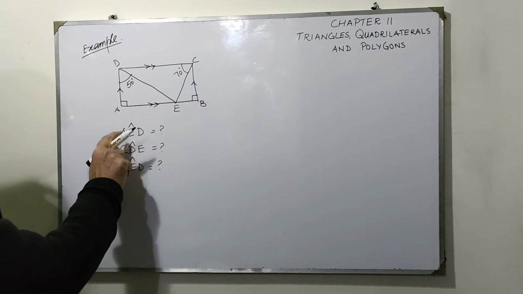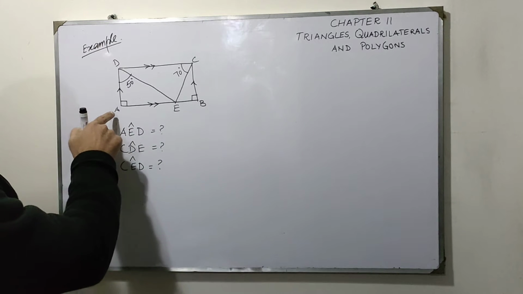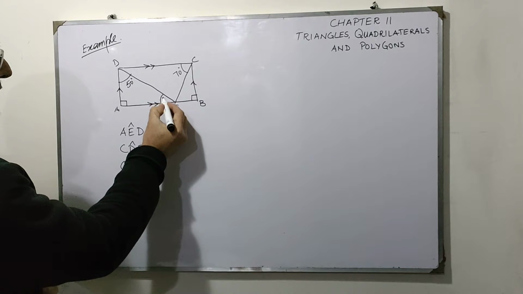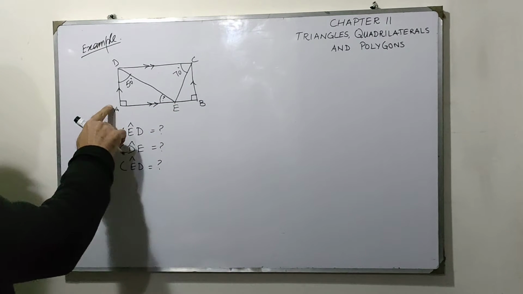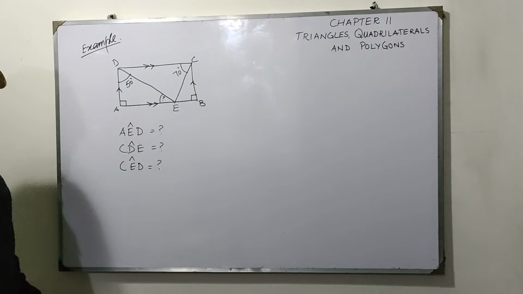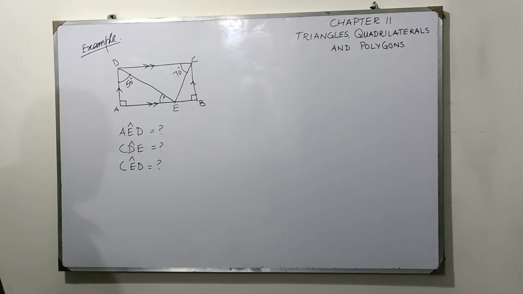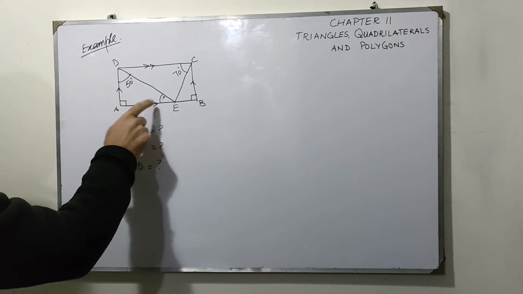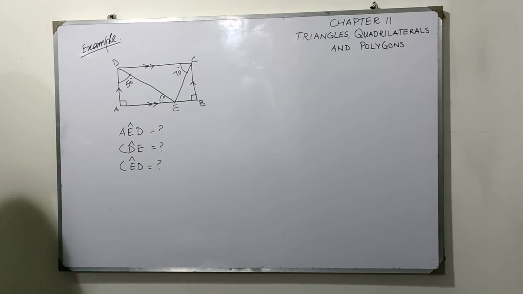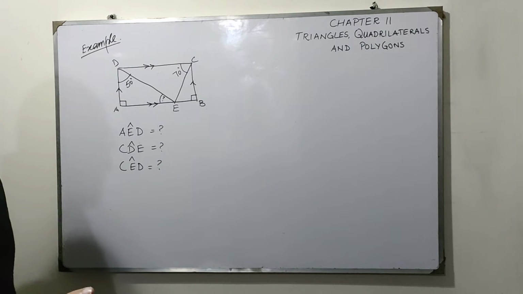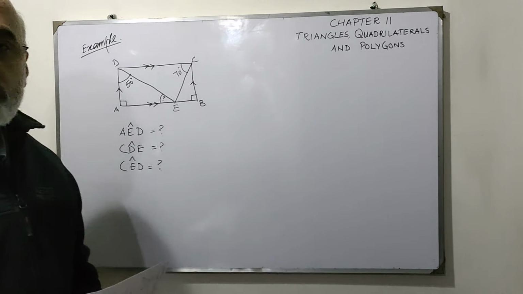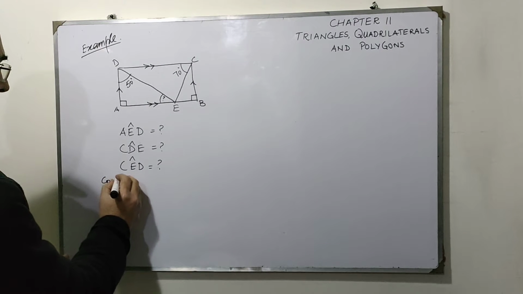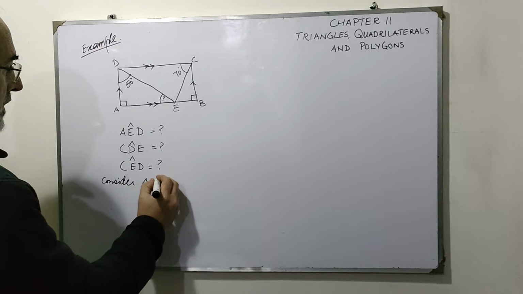The first angle we have to find is AED. So the first angle is A, E and D. Now to find this angle, it's very simple. This AED is a triangle, and we know that the interior angles of a triangle are equal to 180 degrees. So consider triangle AED.